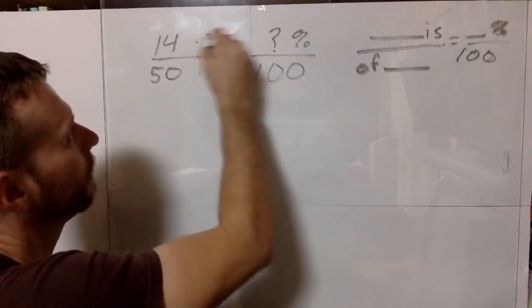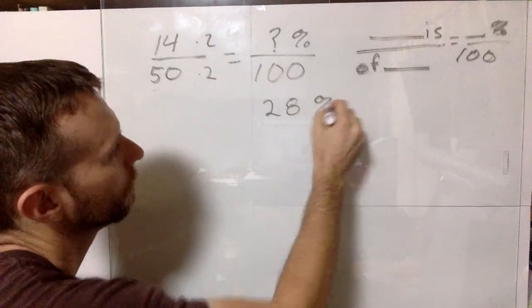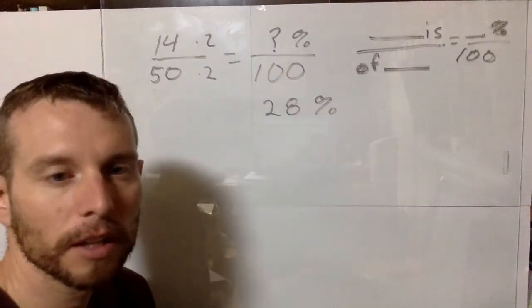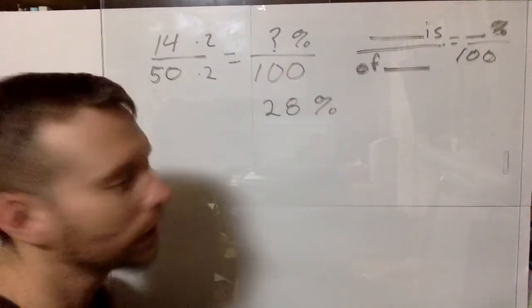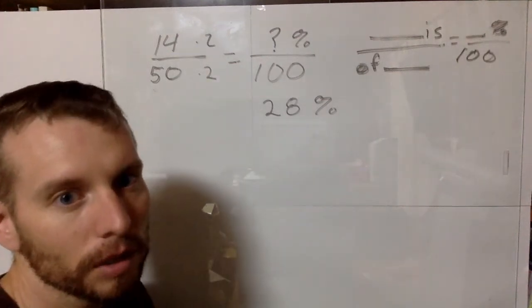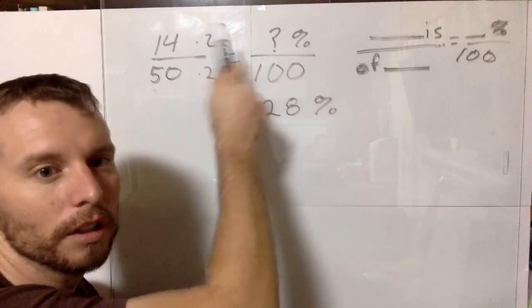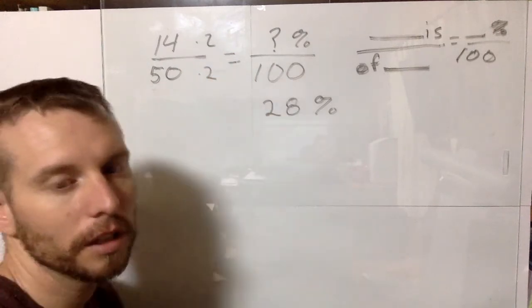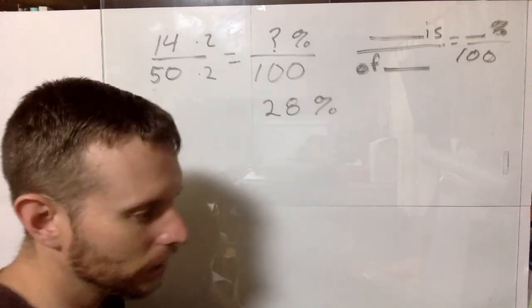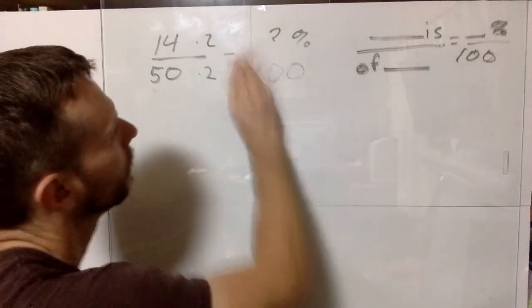So 14 times 2 equals 28. So it was a 28% decrease. Now again, without going through it all, you could simplify this to make it 7 over 25. Cross multiply 100 times 7 divided by 25 and get the answer that way as well. So we're not going to redo all that. Let's try another problem.